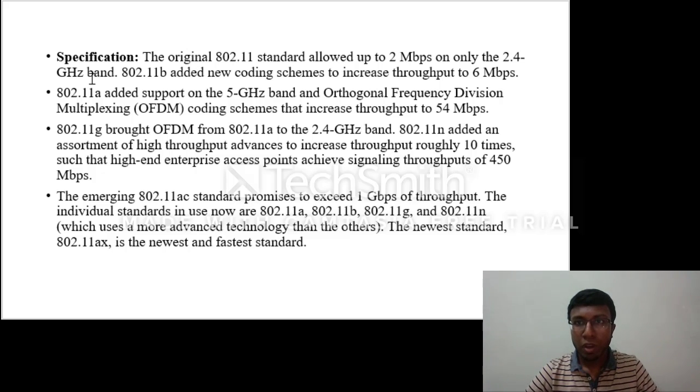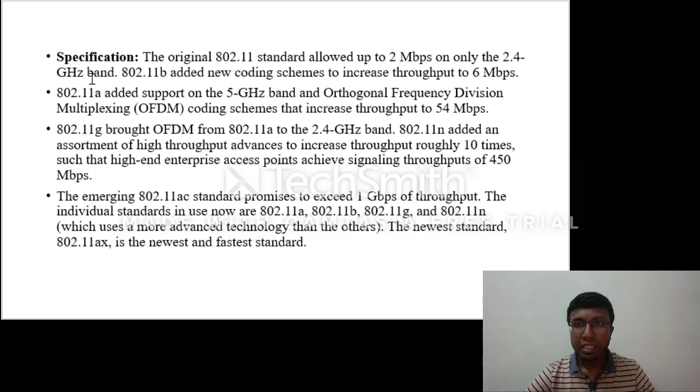802.11g brought OFDM from 802.11a to the 2.4 GHz band. 802.11n added an assortment of high throughput advances to increase throughput roughly 10 times, such that high-end enterprise access points achieve signaling throughputs of 450 Mbps.